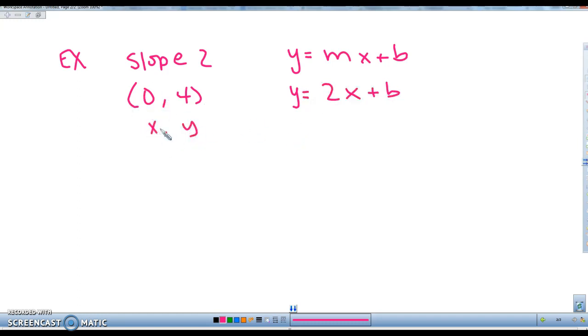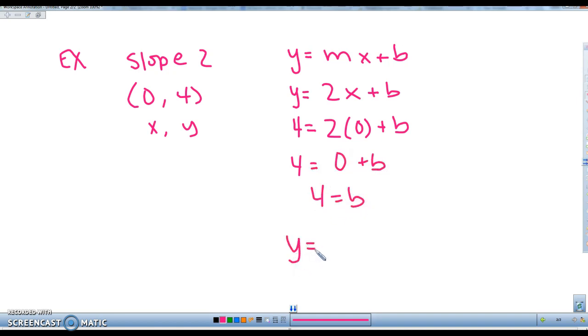So I can plug these values in for x and y to solve for that y-intercept, i.e., b. So I plug in 4 equals 2 times 0 plus b. Or I say 4 equals 0 plus b. 4 equals b. And now I know I have that equation y equals 2x plus 4, which is the same thing we got when they just told us the y-intercept was 4.